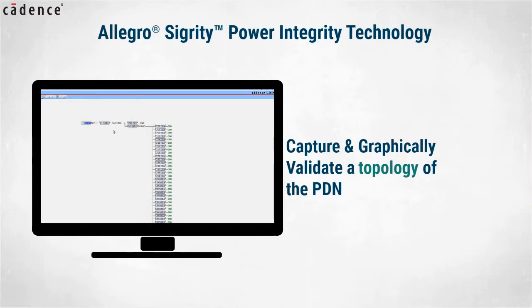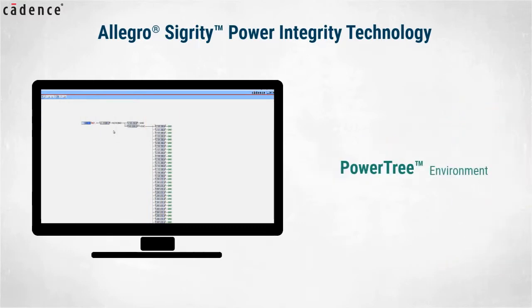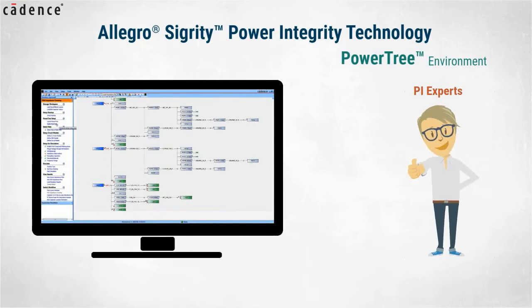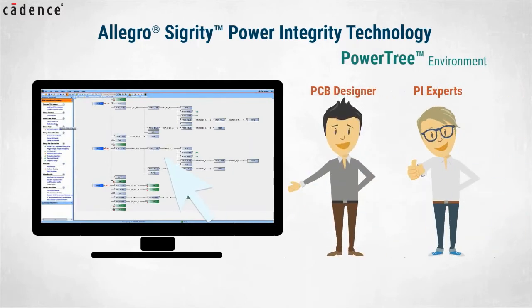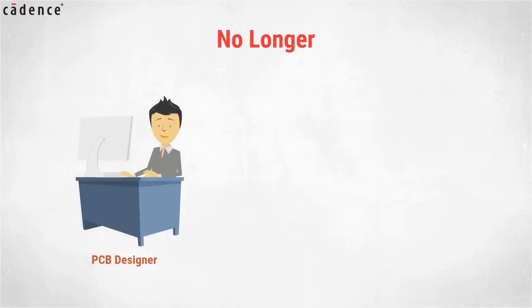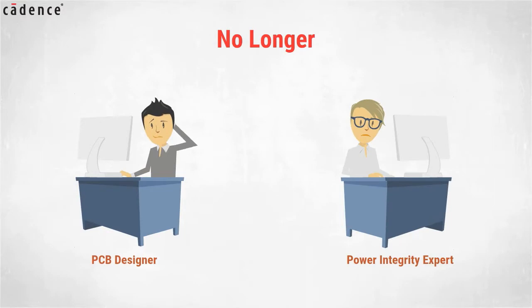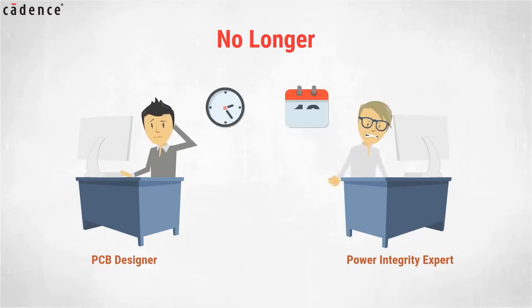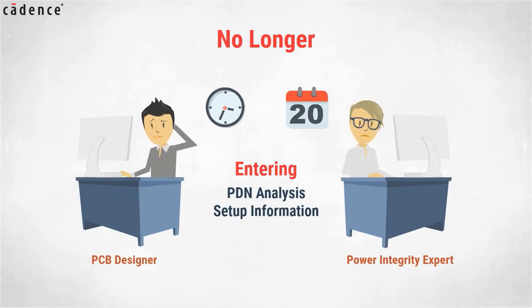This topology, or power tree, can be used to store information that allows PI experts and non-experts alike to take advantage of virtual push-button setup for AC analysis later in the design cycle. No longer will PCB designers or PI experts responsible for PDN sign-off have to spend hours or even days entering the PDN analysis setup information.